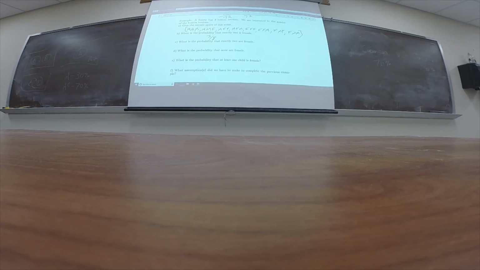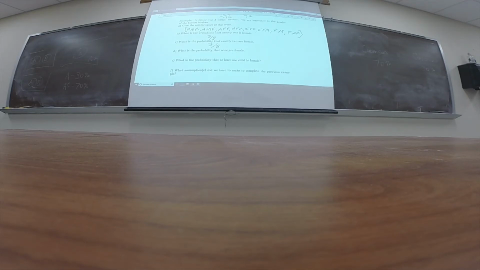If you can't find the right sample space and you only wind up with 4 of them, you're going to wind up with the wrong percent. What's the probability exactly 2 are female? I come through here, I got 1 here, 2 here, 3 here, also 3 out of 8. Make sense? Not hard.